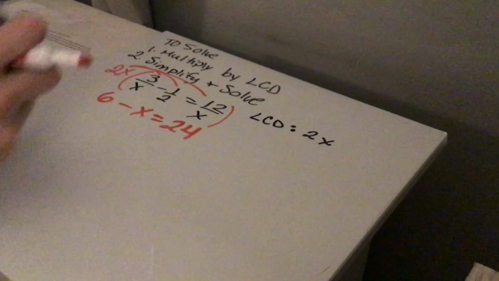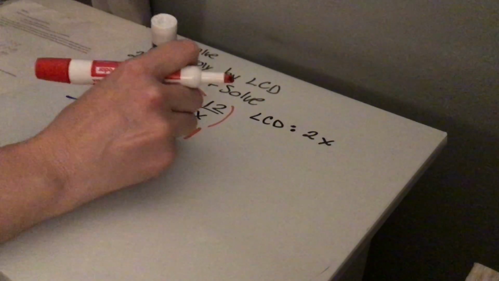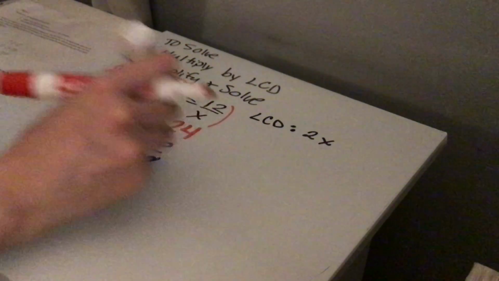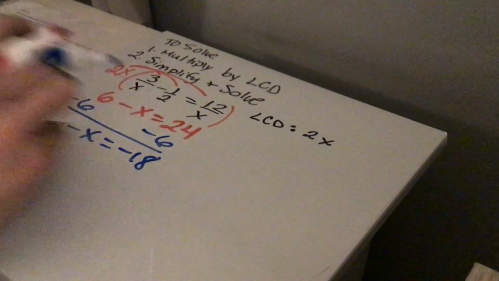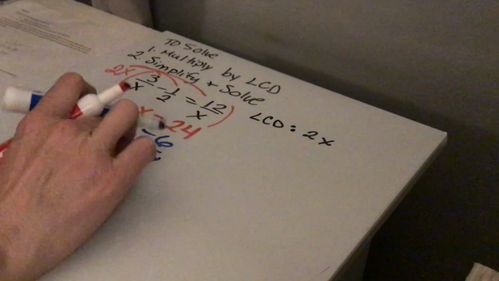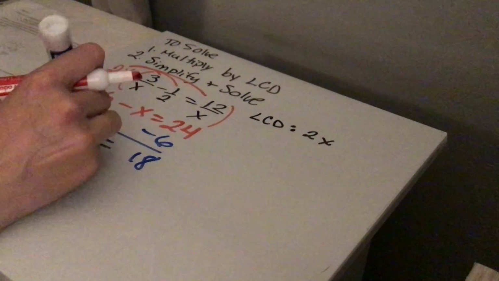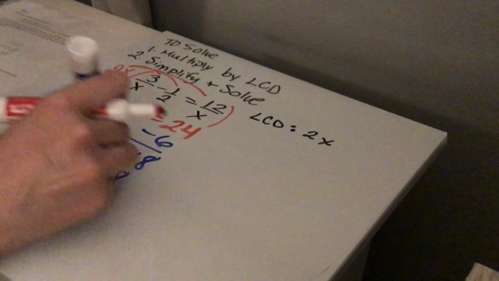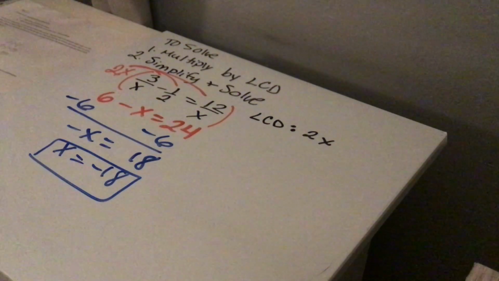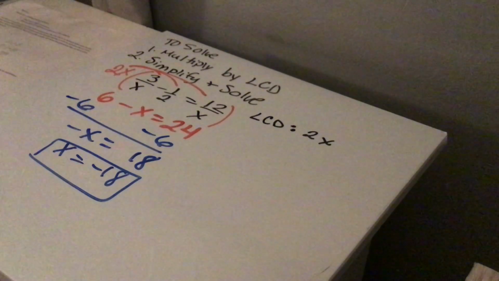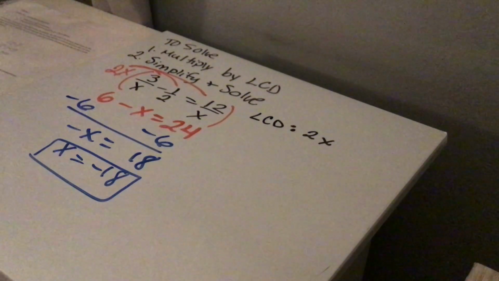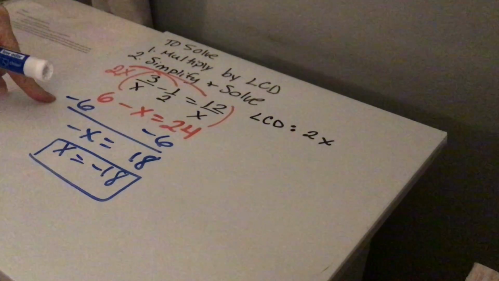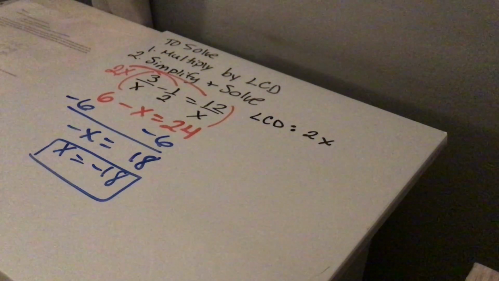Find x. So we're going to subtract 6. We get negative x equals 18. You want x by itself, not negative x, so we're going to switch our signs. We get x equals negative 18. You have now solved a rational equation. Multiply by the least common denominator, then simplify and solve.